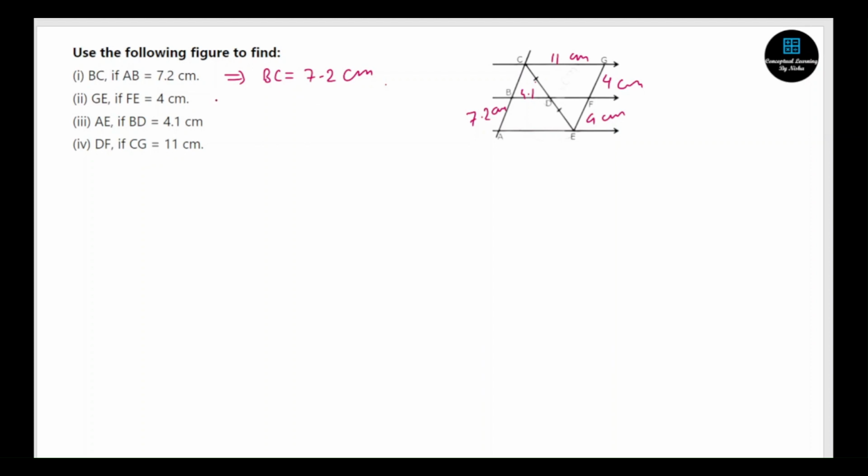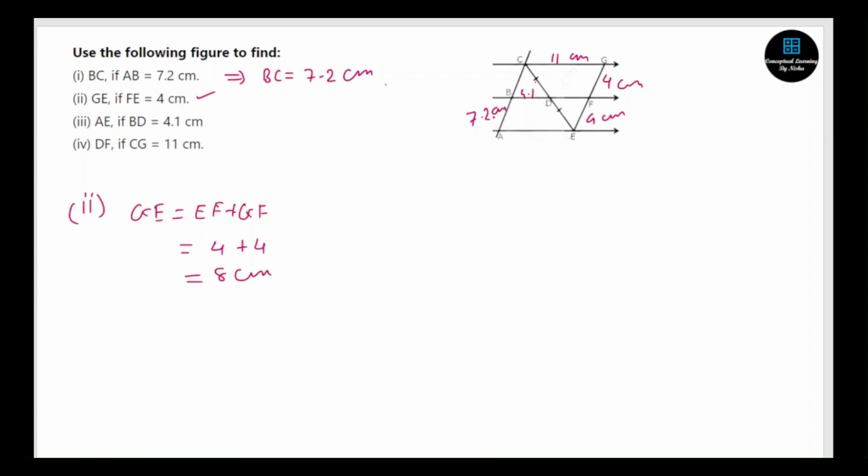So GE equals EF plus GF. Here you have to mention for all these questions, we are applying the intercept theorem. Alright. So 4 plus 4, which is 8 centimeter. So we got this one.